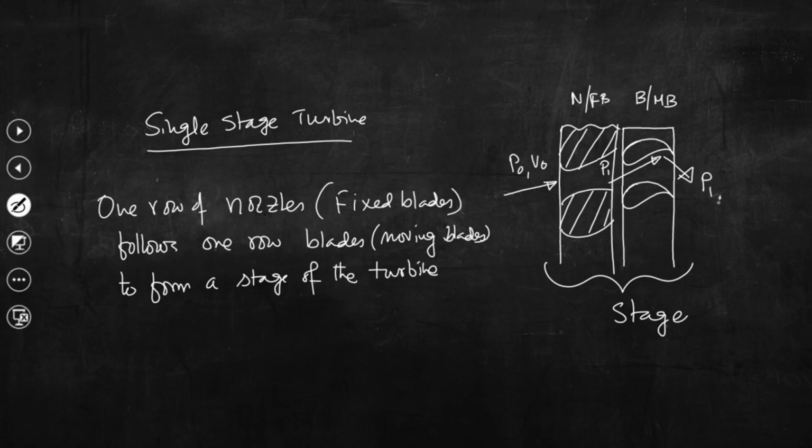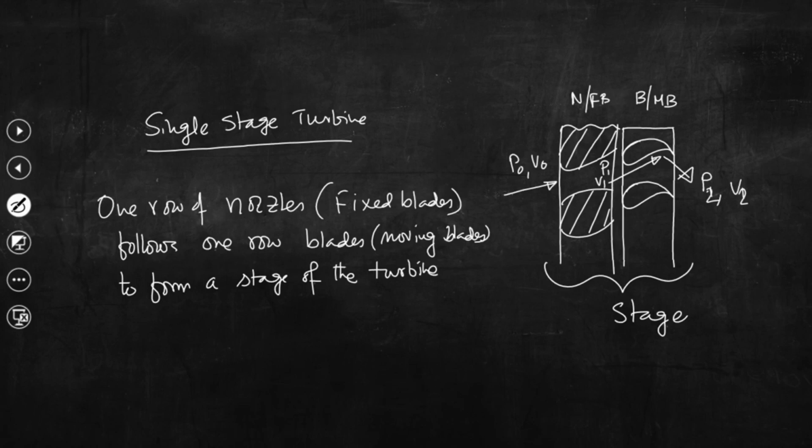So, this is P1 and velocity is V1, and this is P2 and velocity V2. P0, V0 is the pressure and velocity at the inlet of the nozzle, and P1, V1 are the pressure and velocity at the exit of the nozzle.